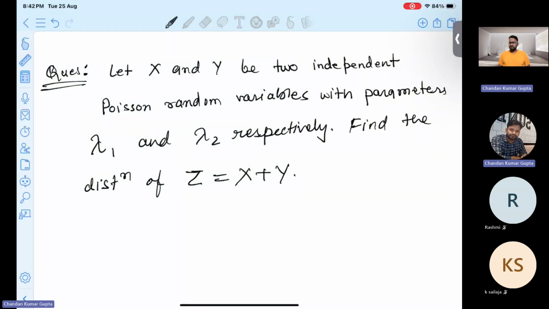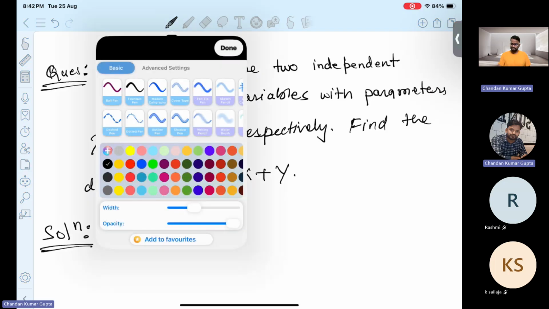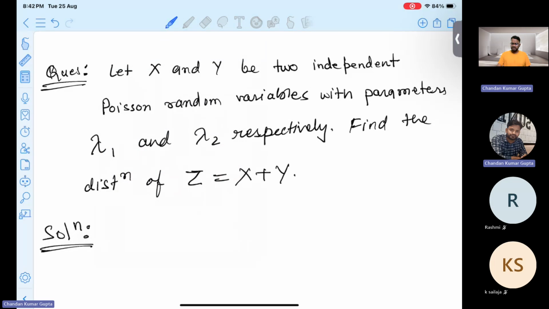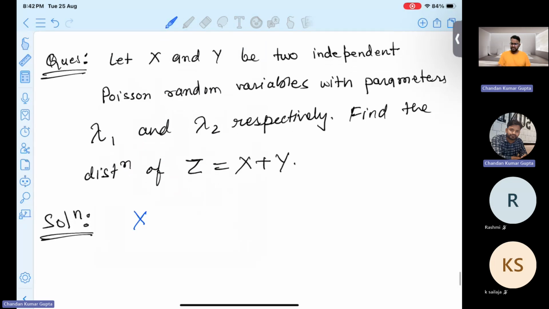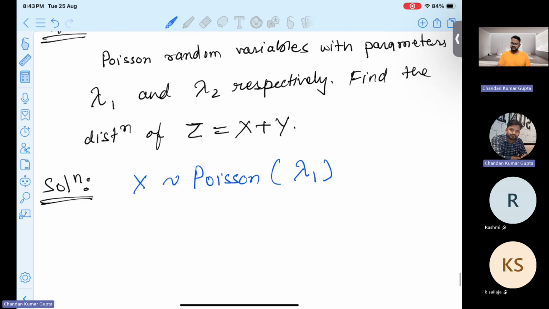So how can we solve it? We are given some information. It's similar to the binomial question that we have just solved. We are given X follows Poisson lambda1, Y follows Poisson lambda2.